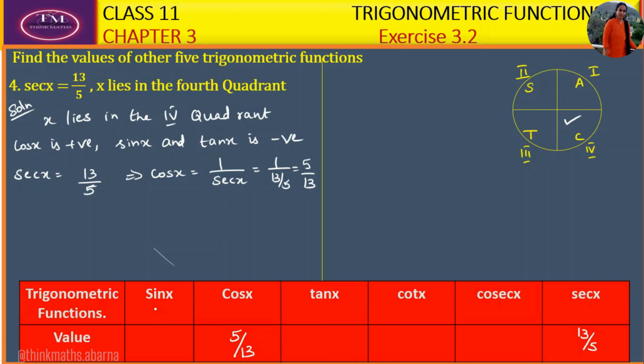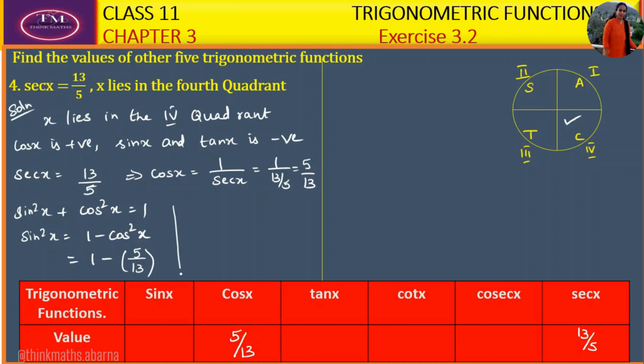So we have to find out sin x and tan x, and their inverses will be cosecant x and cot x. So cos x is 5 by 13. So sin square x plus cos square x equal to 1. So we have to find out sin. So sin square x equal to 1 minus cos square x, which is 1 minus 5 by 13 whole square.